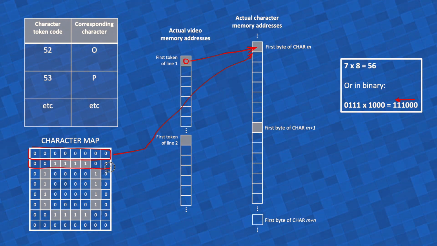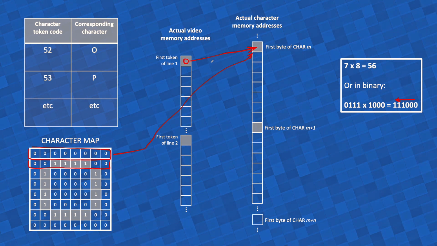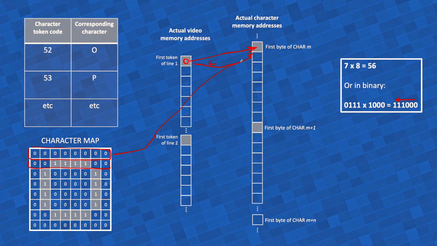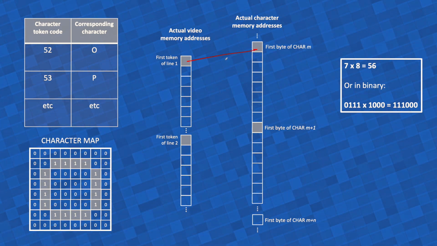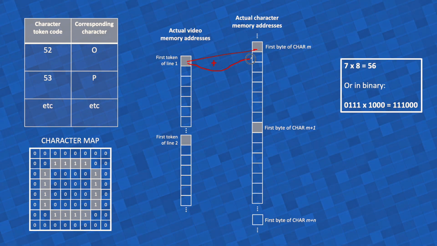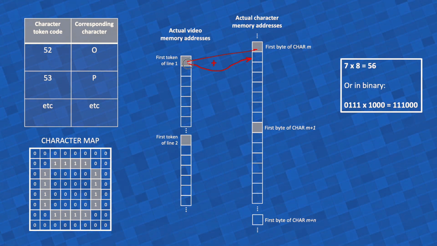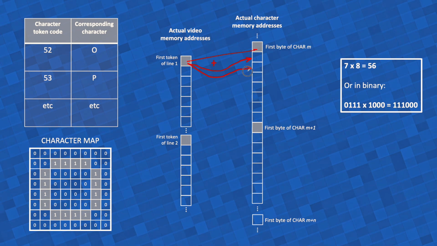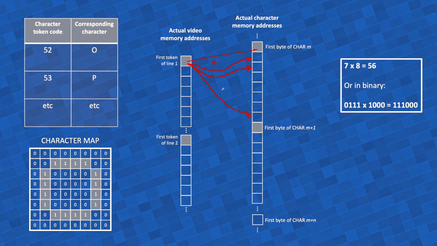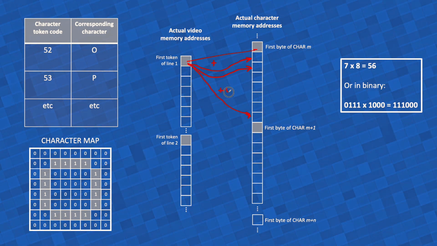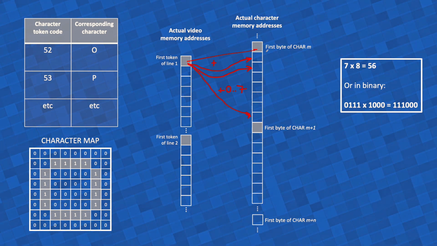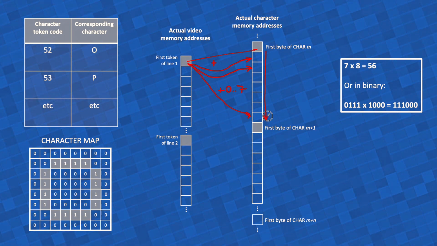So you have to add something to this offset in order to point to the next byte, and then add something more in the next pass to index the next byte, and so on until the last byte. So you have to add from 0 to 7 in order to cover all the bytes of each character.